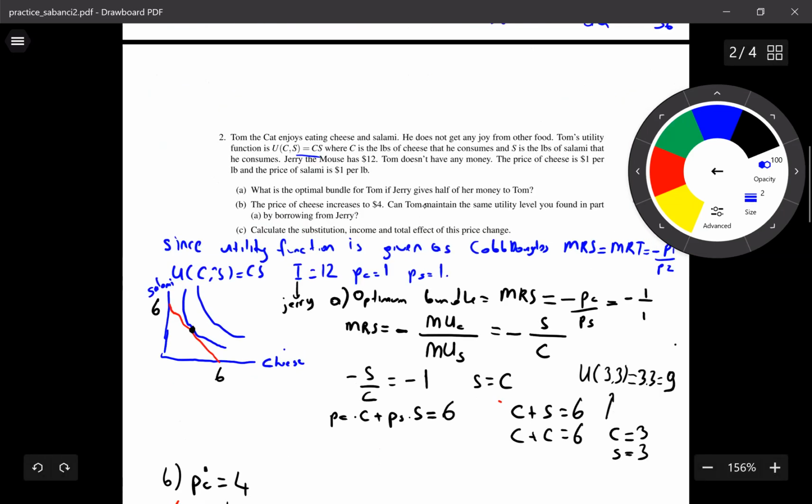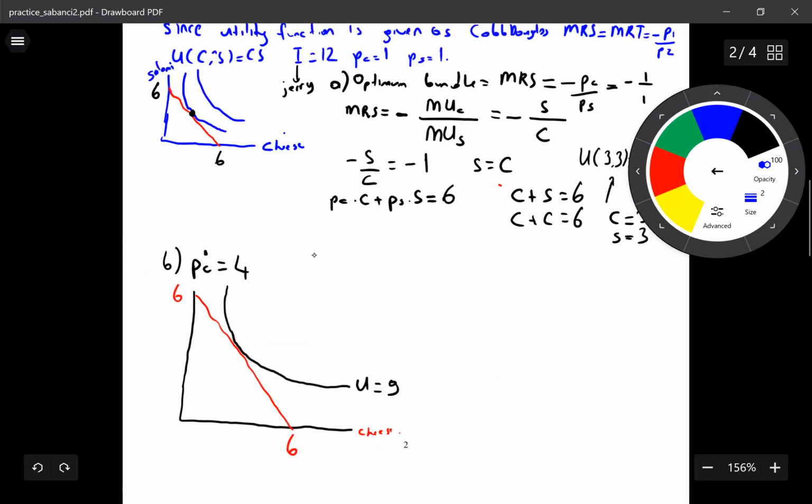The price of cheese increases to 4, which means that the budget line becomes steeper. Since we are not saying anything about the income level yet, we would like to find the optimum level.